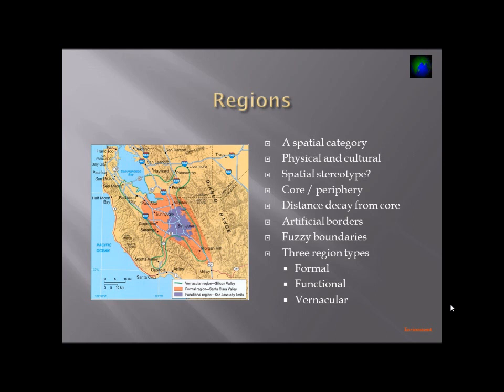It has artificial, fuzzy, fluid boundaries, unless it's a lake, unless it's a physical feature. So fuzzy boundaries, what does that mean? It means that I've driven to Mexico several times from Baton Rouge, Louisiana. The closer I get to the border of Texas and Mexico, the more Spanish signs I see, the more Spanish that is spoken.